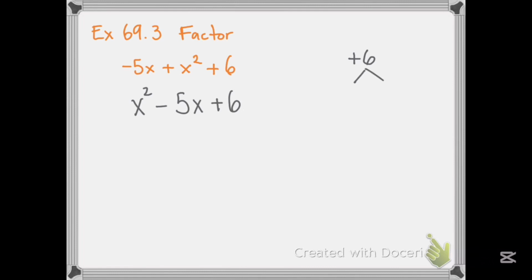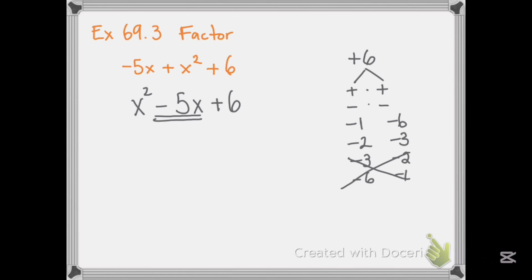So I have two options: to have both positive, because positive times positive is positive, and to have two negatives, because negative times negative is also positive. So negative 1 times negative 6, negative 2 times negative 3, and then we go back to negative 3, negative 2, and negative 6 and negative 1.